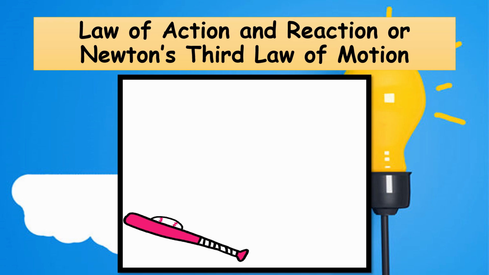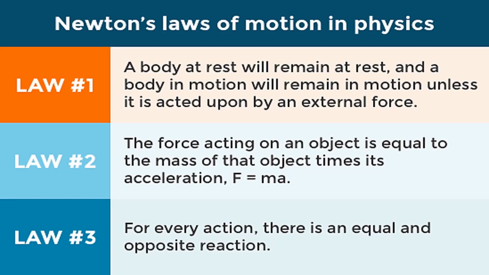So, to summarize, Newton's laws of motion in physics, in law number 1, or the law of inertia, a body at rest will remain at rest, and a body in motion will remain in motion unless it is acted upon by an external force.